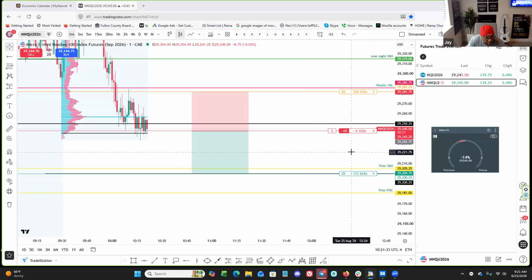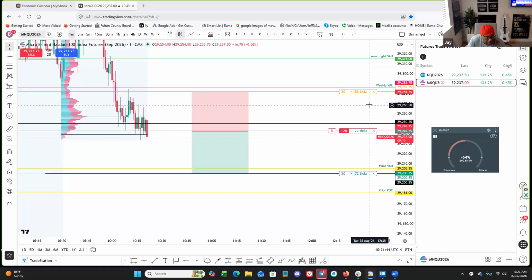How many seconds? 27 seconds left on this candle. I wish price would just drop. It knows that's what they want to do.